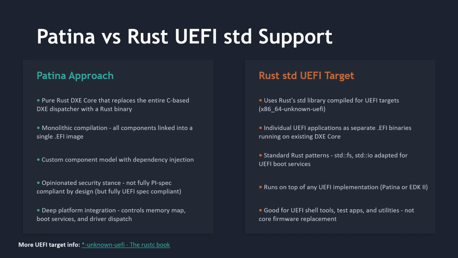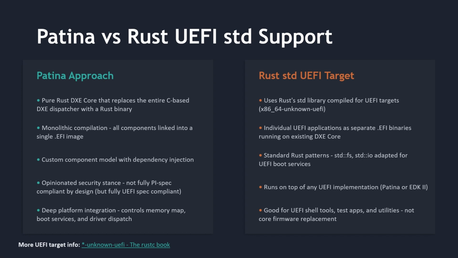However they are given to the system, they are going to be separate .EFI binaries individually distributed. The main advantage here is that you can use standard Rust patterns to write your code for UEFI, and it will link up to the underlying services implemented by a core.